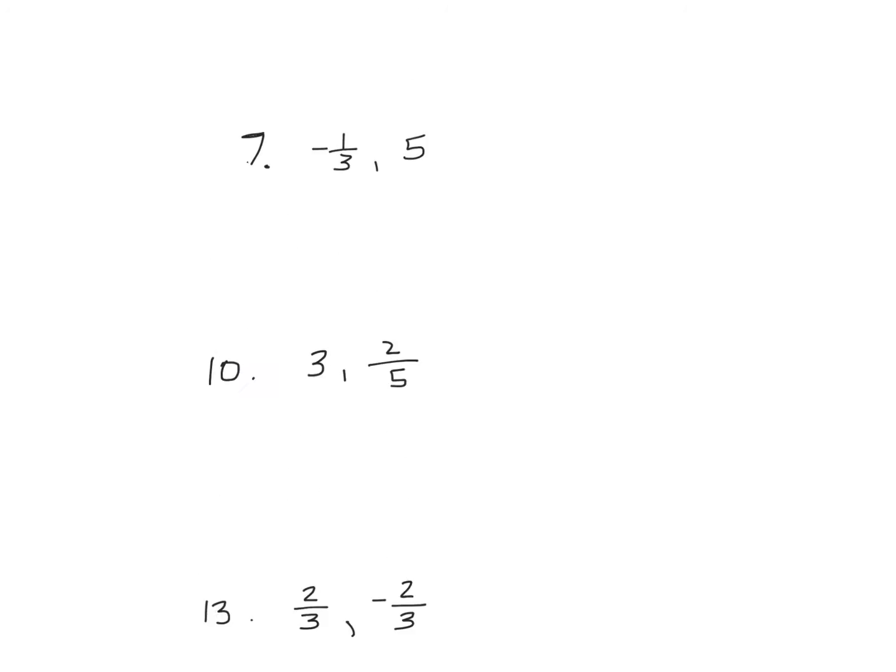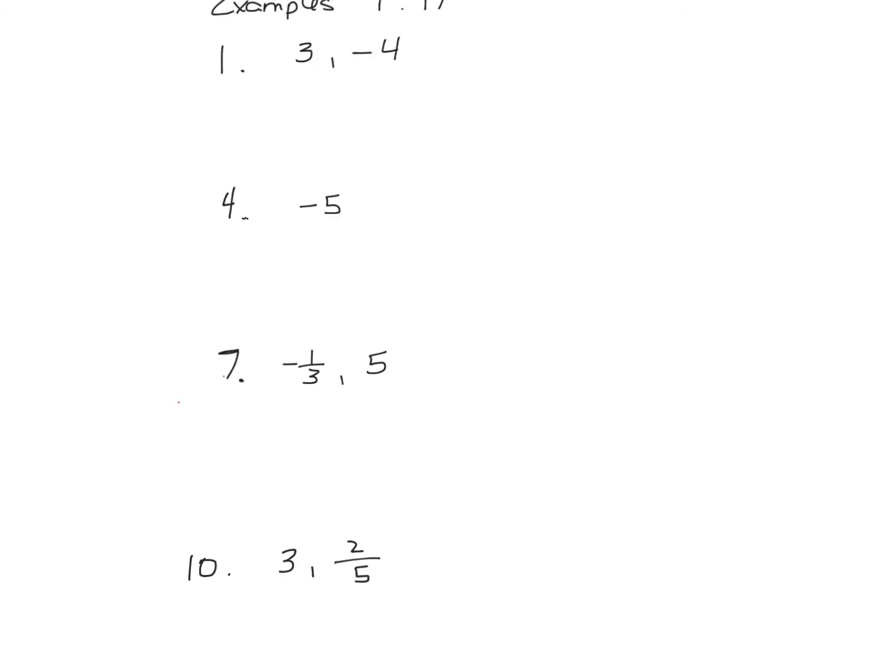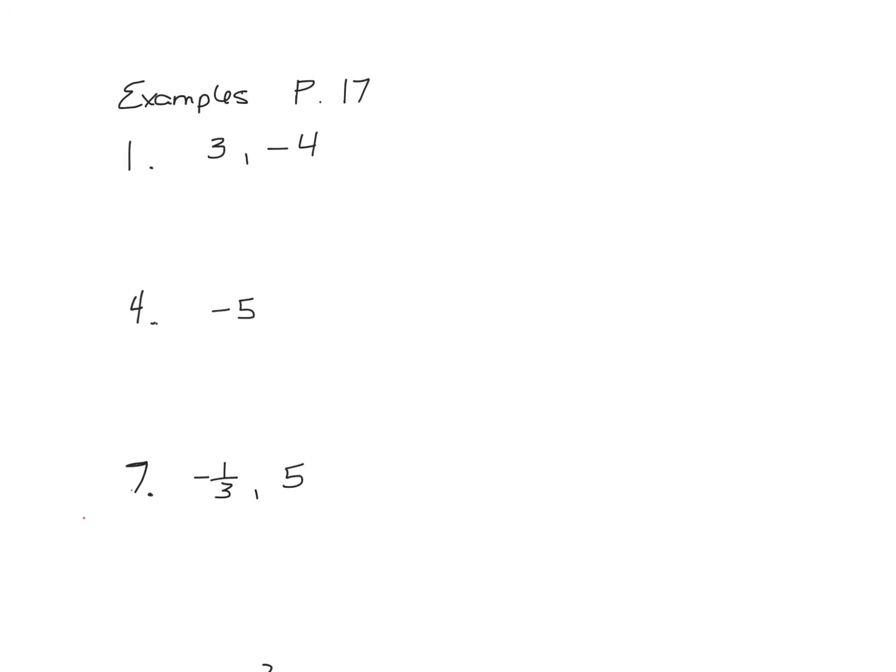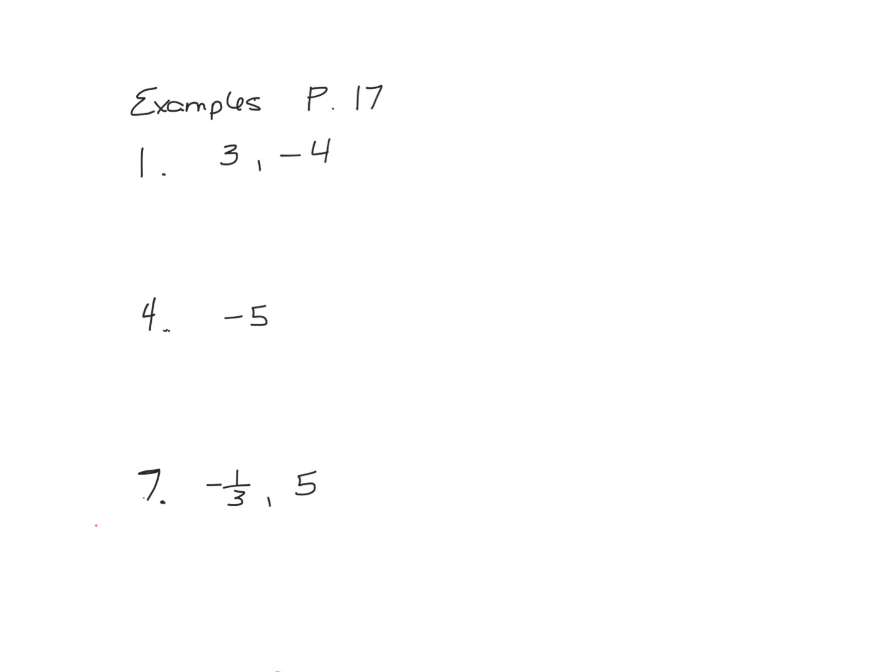So a couple examples, and these are right off of the 5.3 study guide. This is page 17 in your packet, where they're giving you the roots, and you're to write the equation in standard form. So for number 1, 3 is a root or a 0, which means that x minus 3 would be a factor. -4 is a root, so x plus 4 would be a factor.